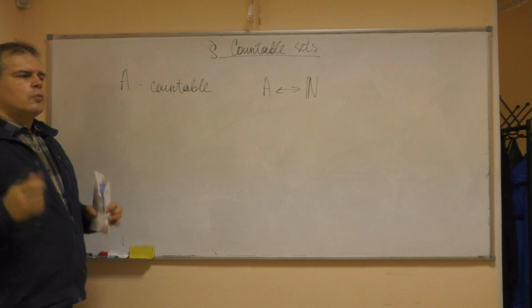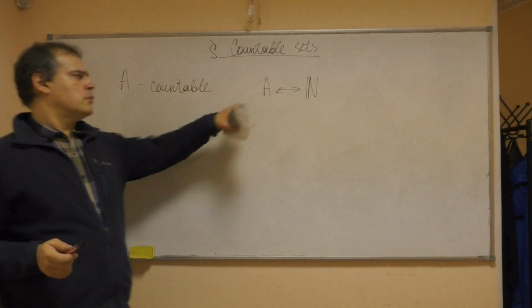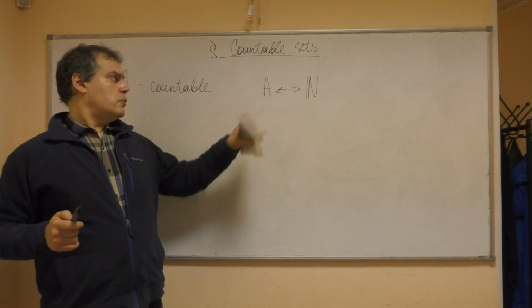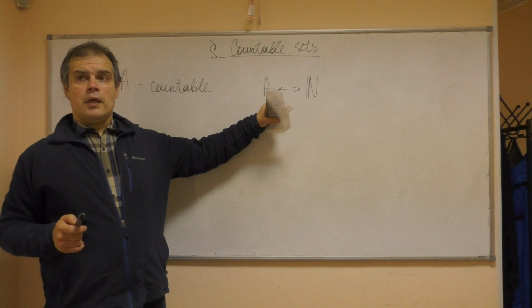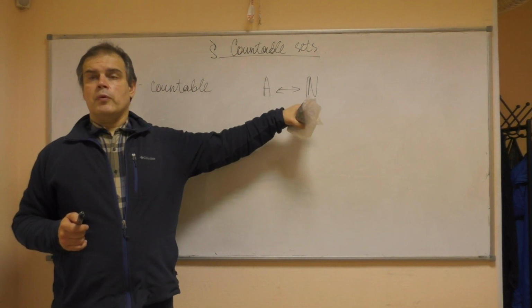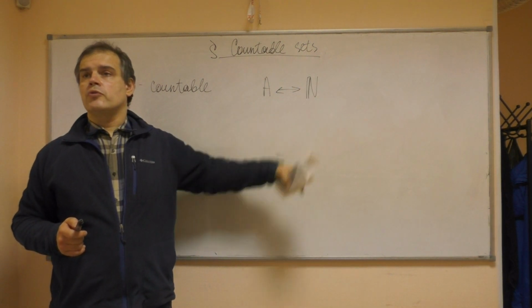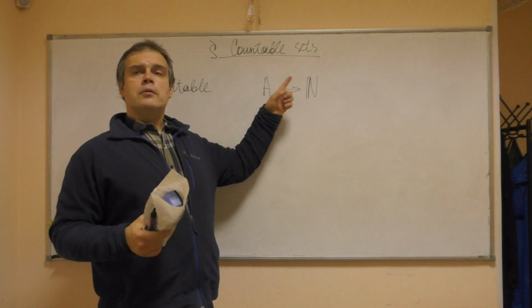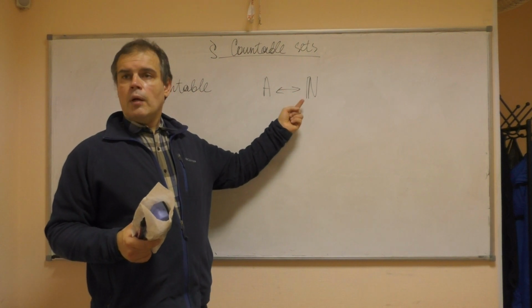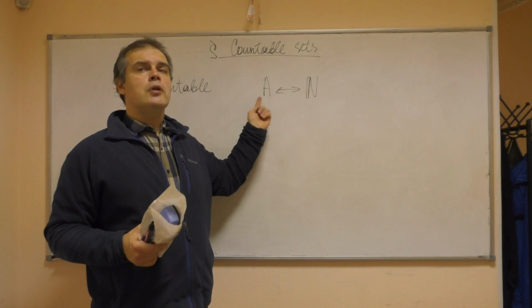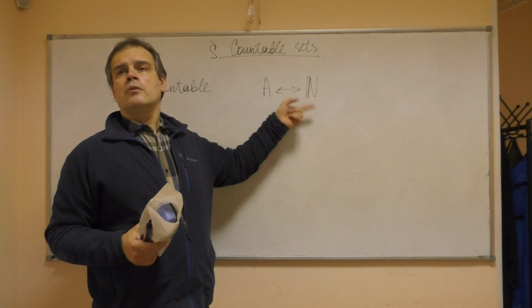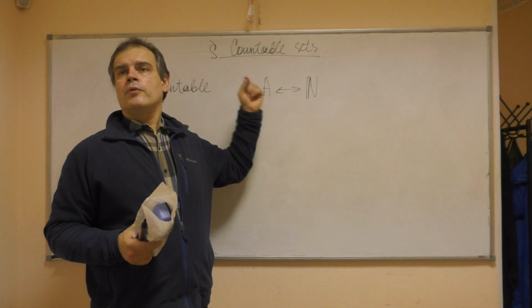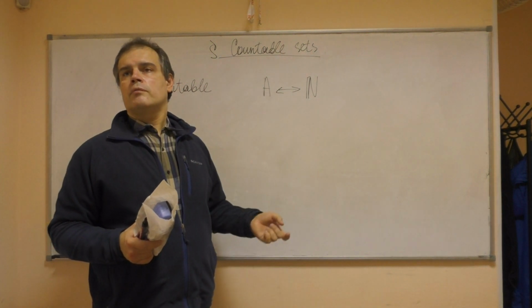If we can establish one-to-one correspondence between this and this set. What does it mean? It means that each element in A has a unique correspondent among natural numbers, so has some particular number, and each number has a unique correspondent in A. So there is one element in A with number, I don't know, 100.